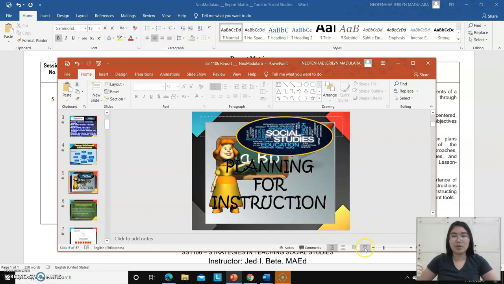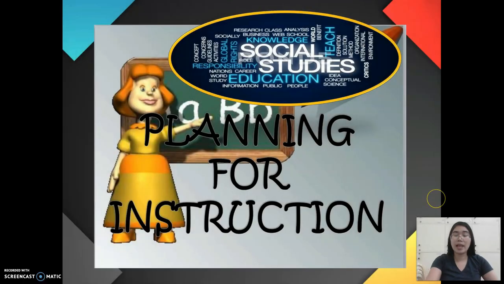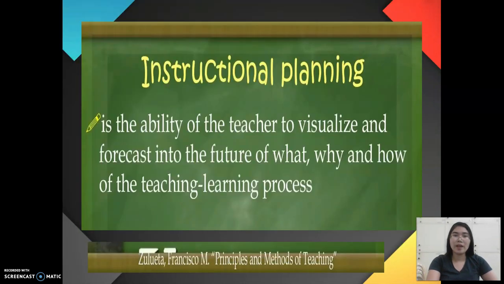Okay? So, in social studies, we will plan for instruction to be effective. Accordingly, instructional planning according to Zulueta and Francisco in the Principles of Teaching, they define instructional planning as the ability of the teacher to visualize, meaning to see, to overlook, and forecast into the future of what, how, and why of the teaching and learning process.